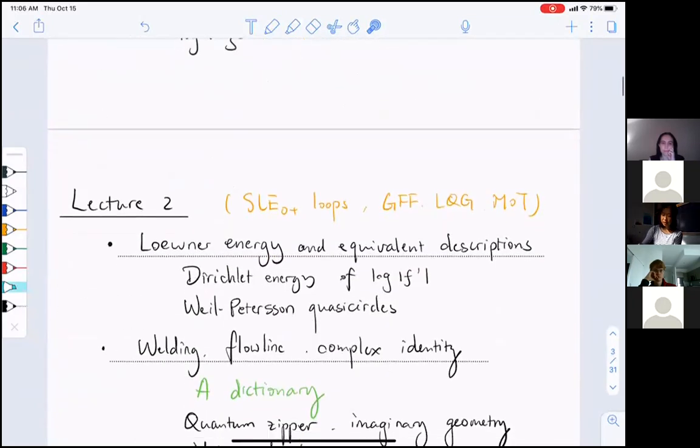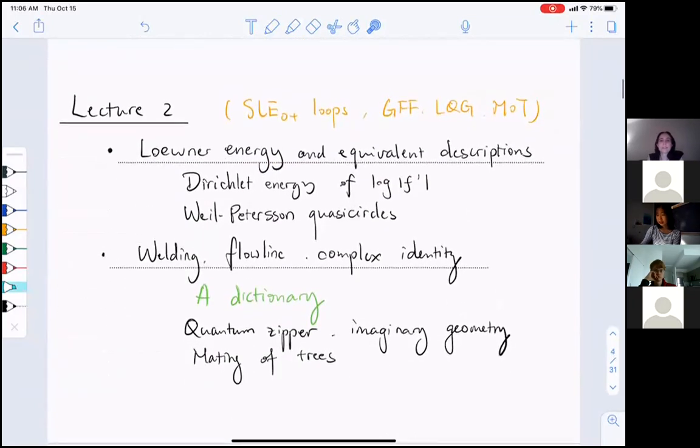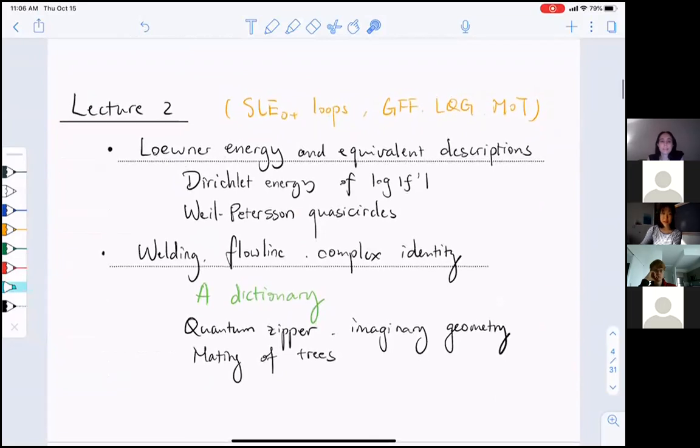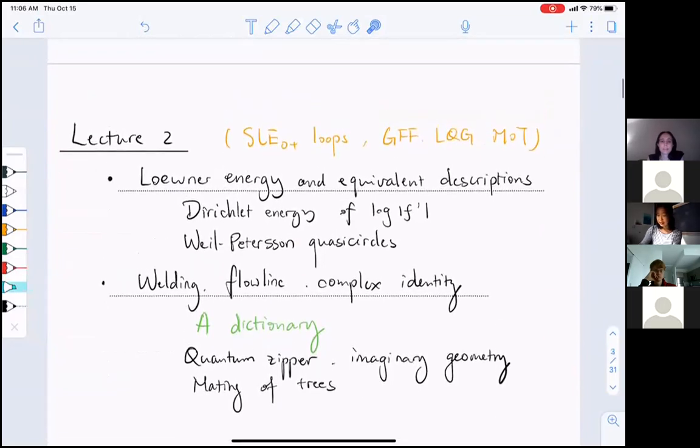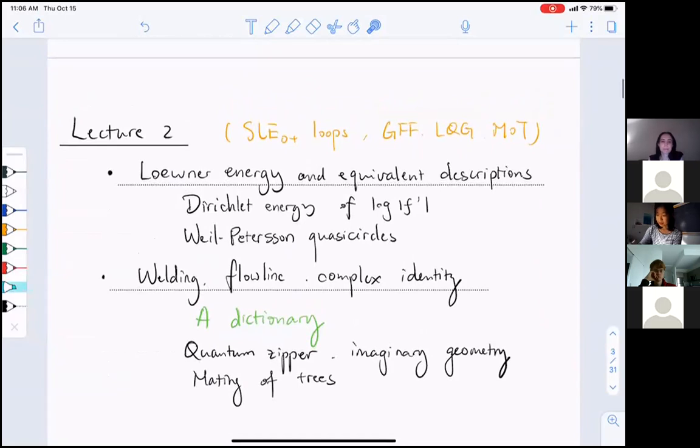In the second lecture, I will be talking about SLE_{0+} loops. And here in orange, I just put the relevant random conformal geometry objects. There will be SLE loops, there will be Gaussian free field, Liouville quantum gravity, and also mating of trees.